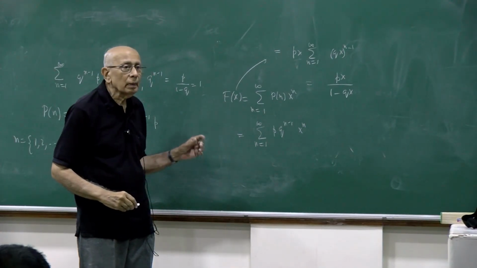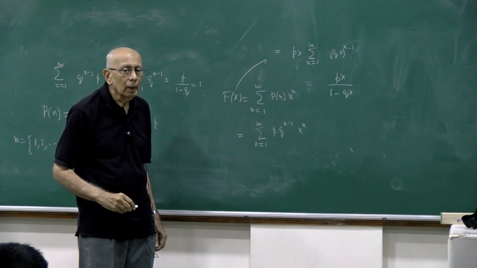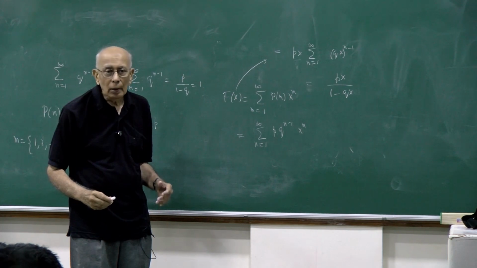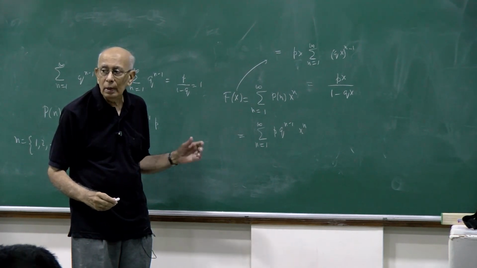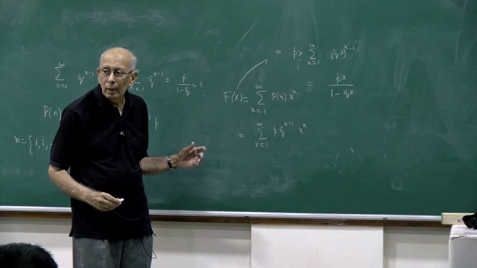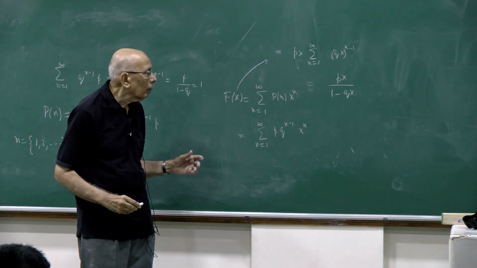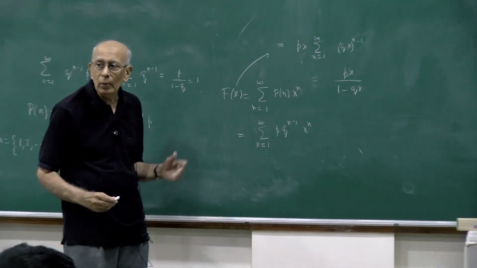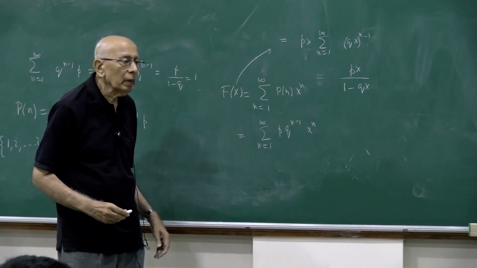What's f of 1? What should it be? It should be 1. Is it 1? It is 1, since 1 minus q is p. So it's normalized, right? What's the mean number now?